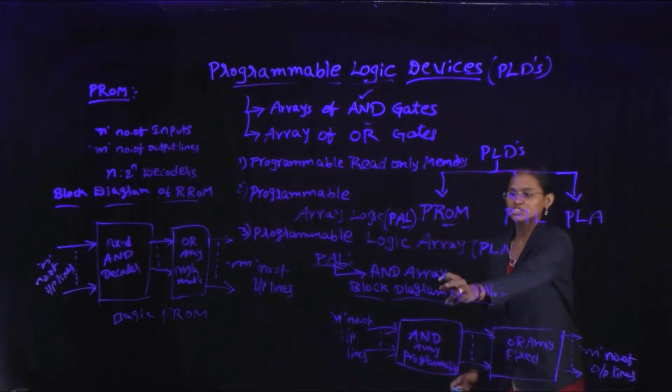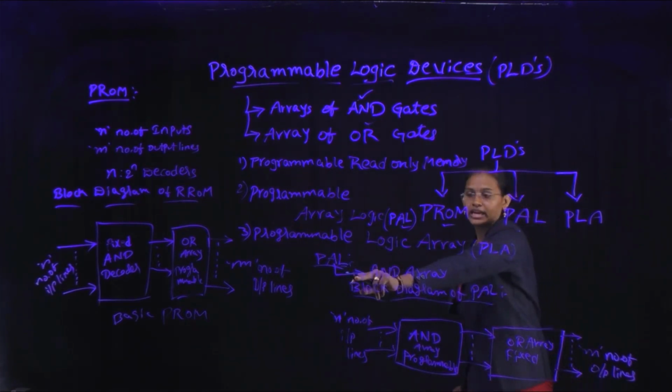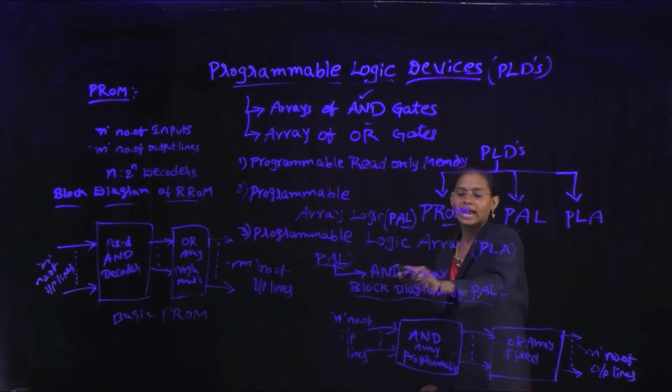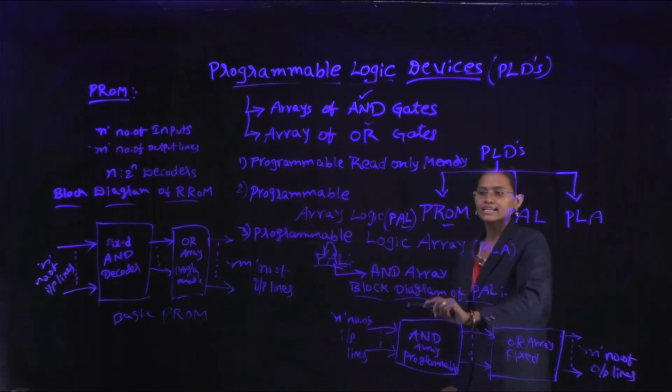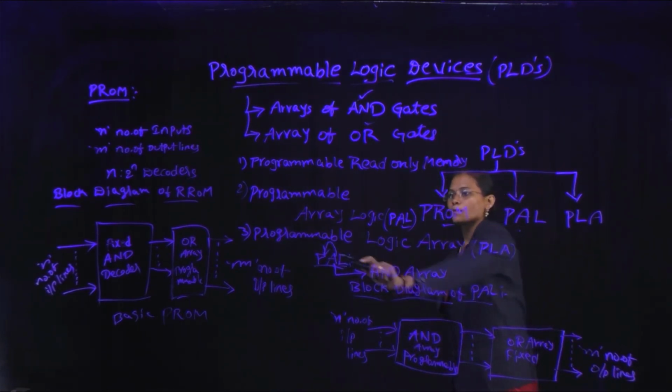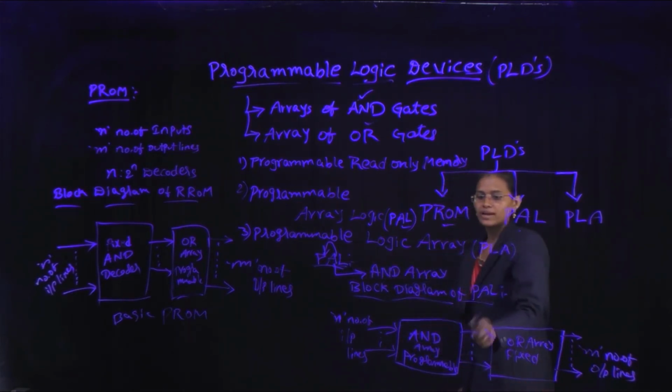This is the basic structure of PAL, programmable array logic. Here A means AND array. AND arrays are programmable. So that's why the name is programmable array logic. This is the basic block diagram.